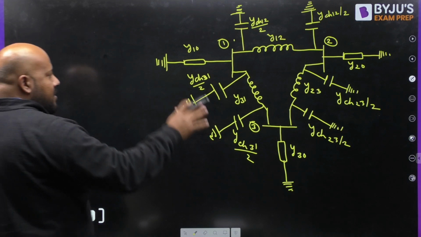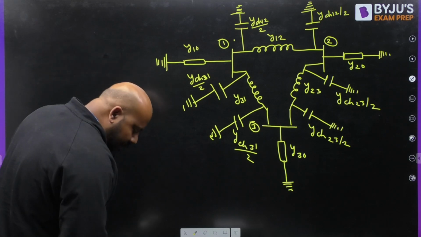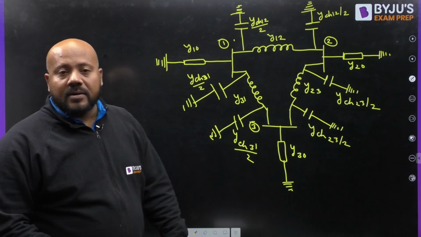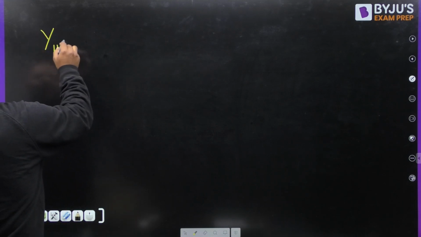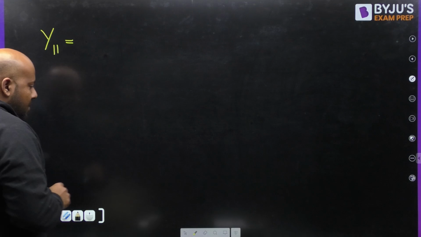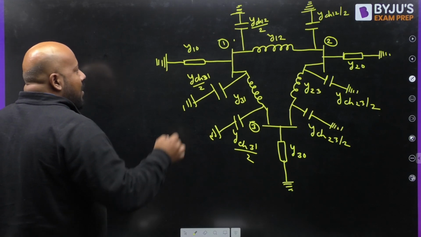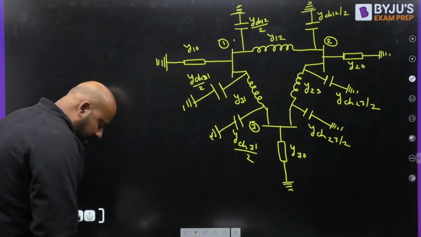Now, for this most general case, can you help me write the Y bus? Yes or no? So I will be writing first the diagonal elements. What is going to be Y11? All the branch admittances directly connected to bus number 1.